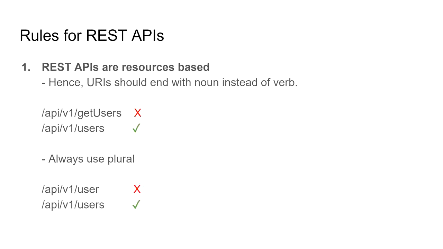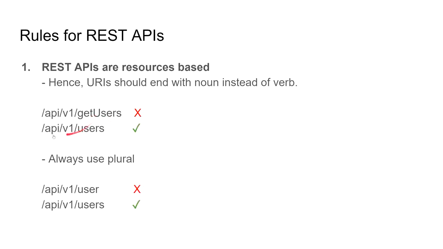All right. So these are some of the points to know about REST APIs. Let's see the rules that must be followed for your API to be called a RESTful API. The URI structure for a REST API should be resource based. In this case, users is an entity, so the API structure should be API v1 users. It should not be function based like get users.